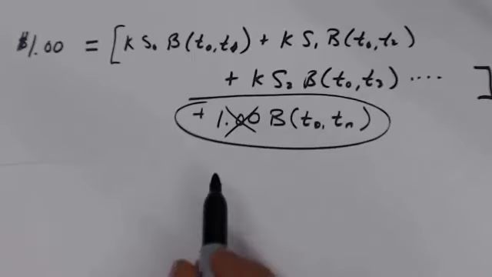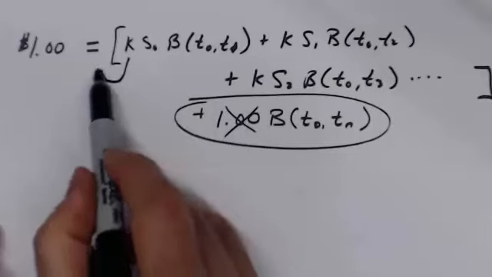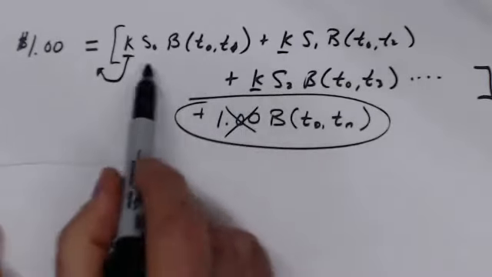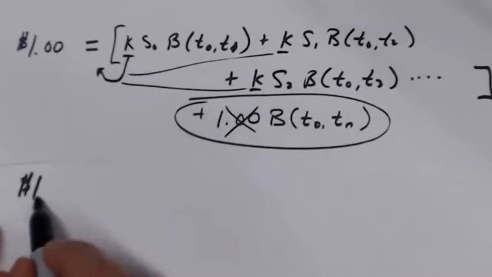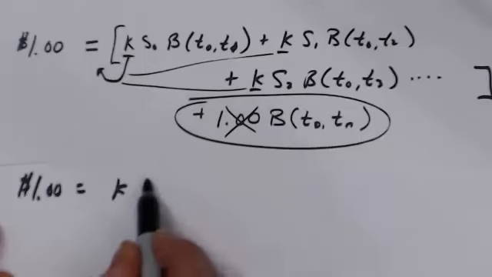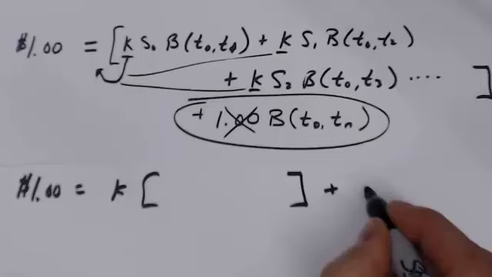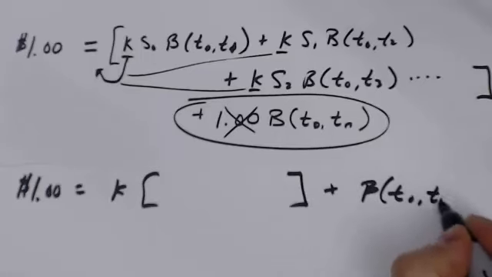We solve for K by first bringing K outside of this big bracket. You see K is here, it's here, it's here, it's a constant. And so if we bring K outside of this bracket, we get K outside.